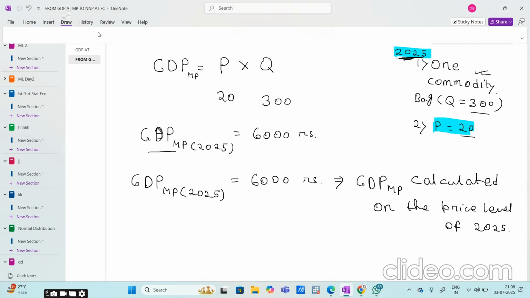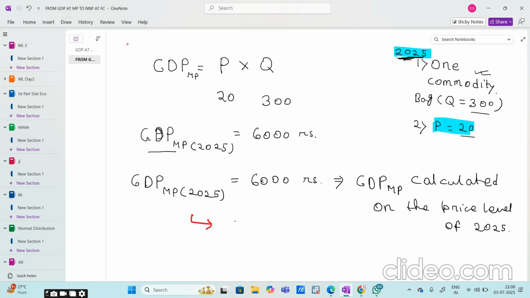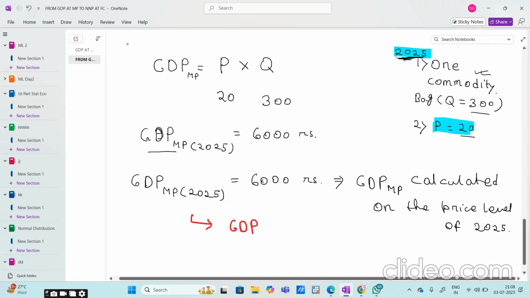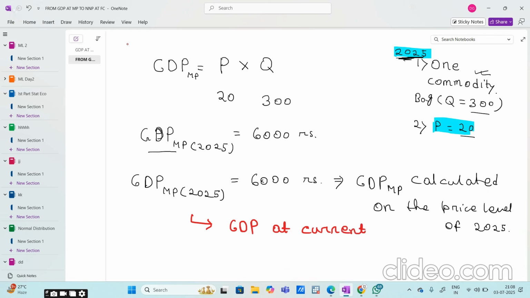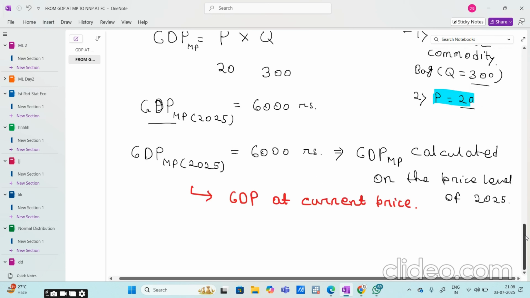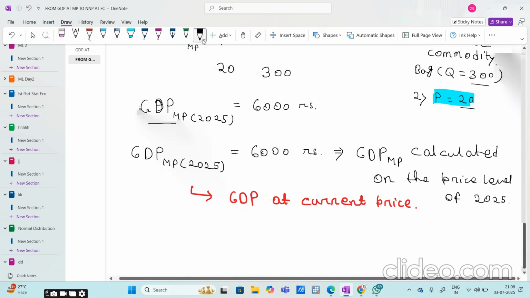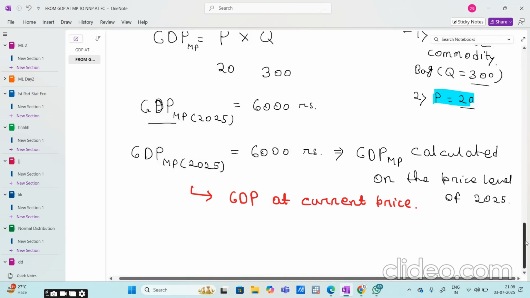So this is called GDP at current price. Why is it called GDP at current price? Because this GDP is calculated on the basis of current price, or on the basis of the price of the current year. That's why it is called GDP at current price.